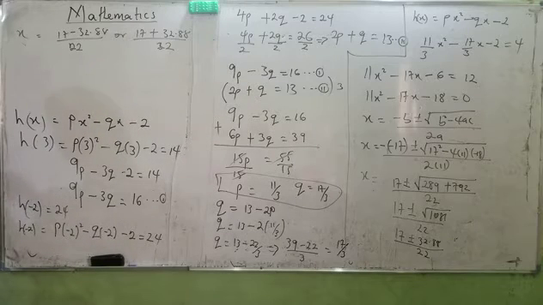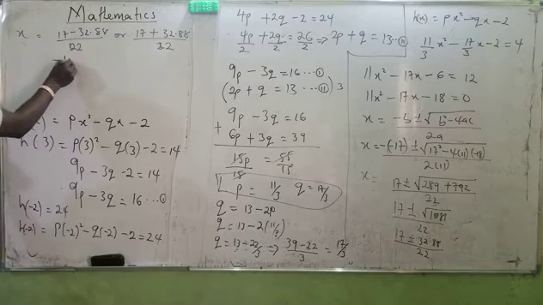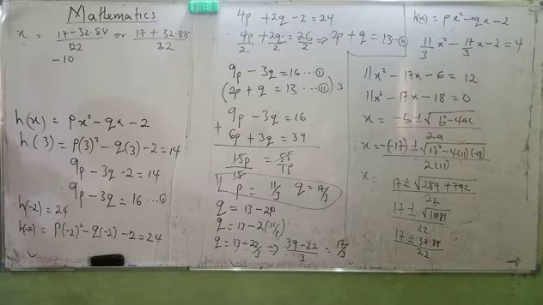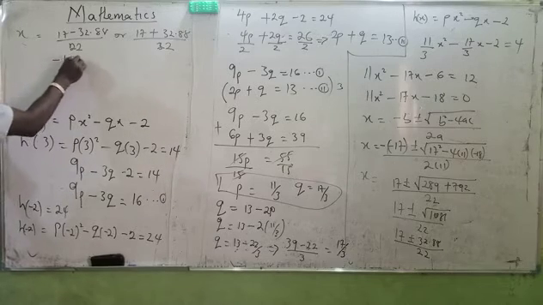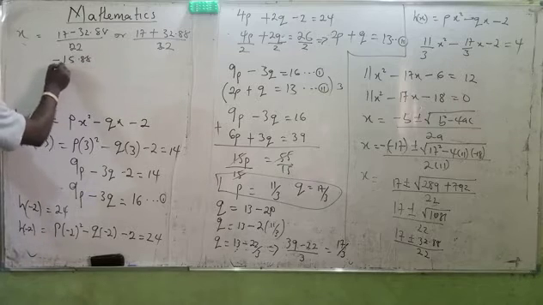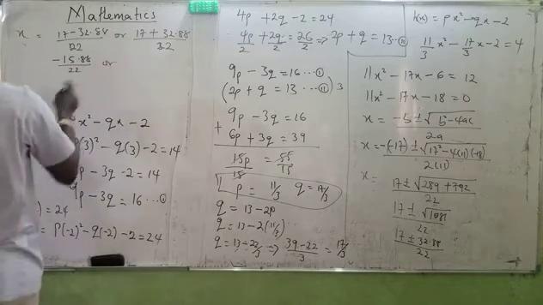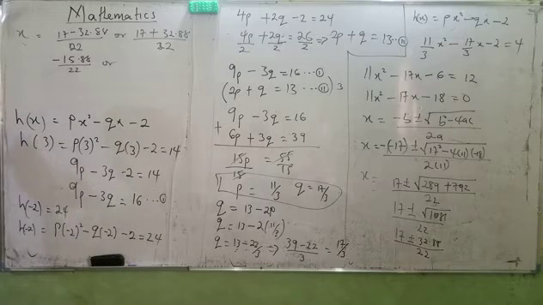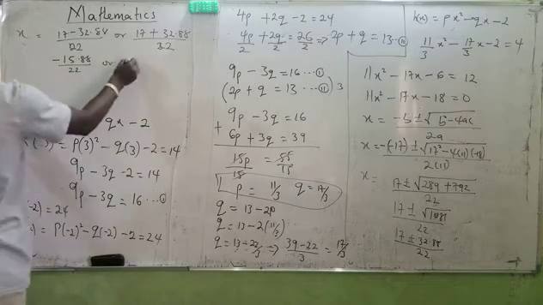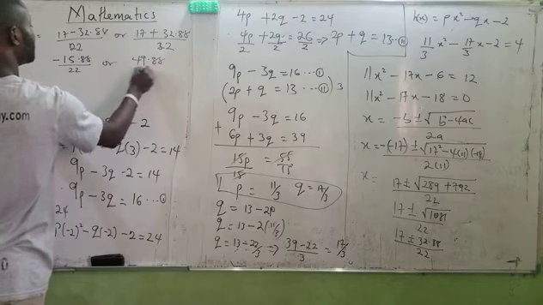Now 17 minus 32.88, oh sorry, hope I'm not making a mistake. 17 minus 32.88 gives 15.88 divided by 22, or plus, which is going to be 49.88 divided by 22.